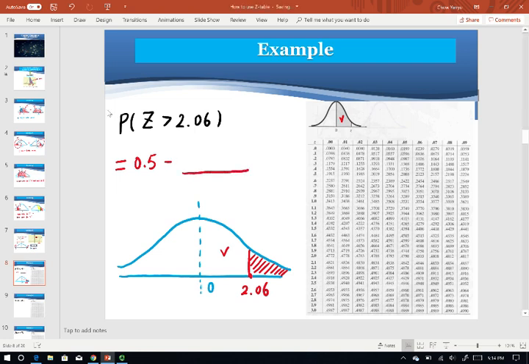We need to find the z-score 2.06. So 2.06, this is the second decimal, so it will be here: 0.4803.